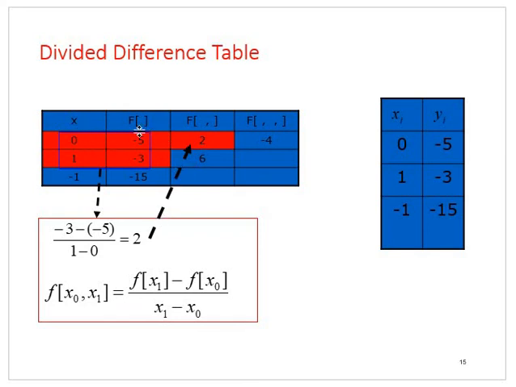So you check here where we have got this red mark and compute the gradient using this. The gradient is change in y over change in x. So this would be minus 3 minus 5 over 1 minus 0, which gives us 2.